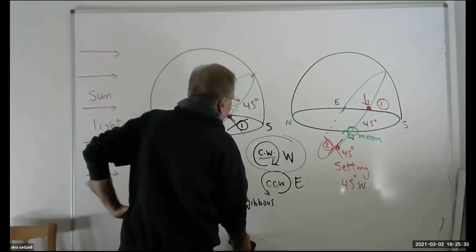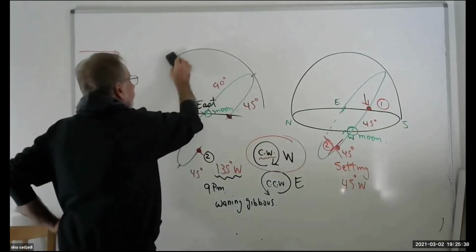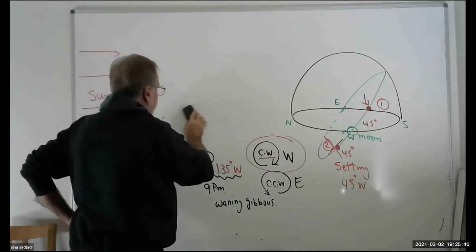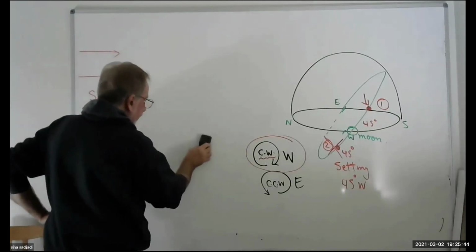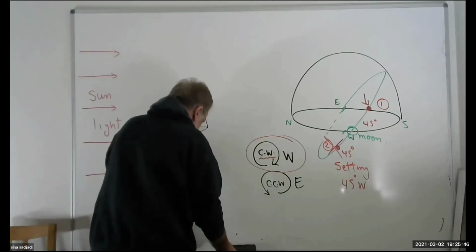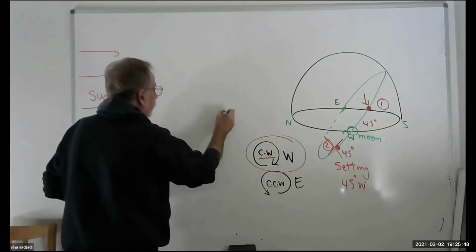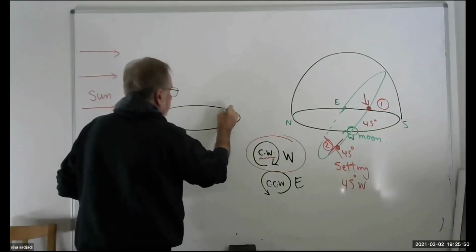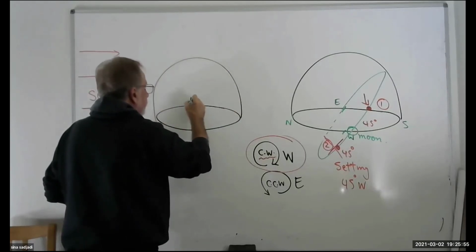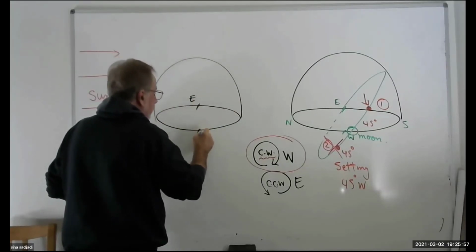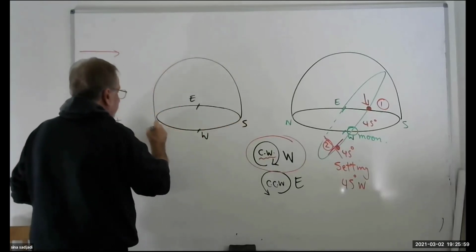Okay, so the last thing I'm going to do for you, I'll do one more diagram and give you examples. Let's see if you guys can still see it. All right, so east, west, south, north.